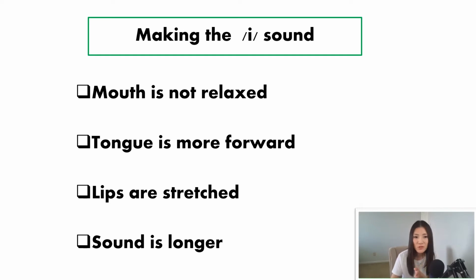Depending on what your first language is, I've noticed, as I've talked to a lot of students from Brazil, Japan, just everywhere around the world, there are sounds in your first language that are close to one of these sounds, but often it's not one of these sounds. And what happens often is a lot of people use the vowel sound that is in their first language when they speak English.